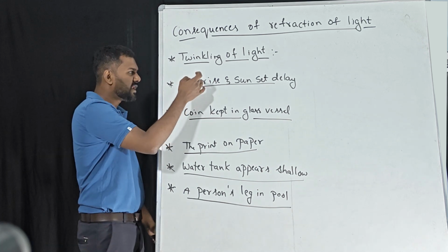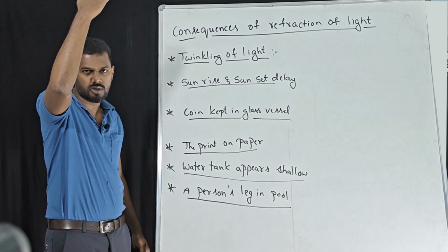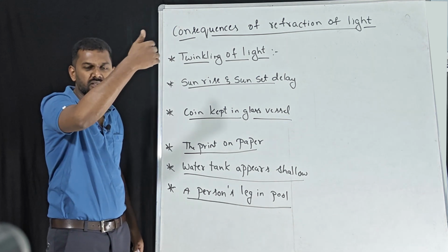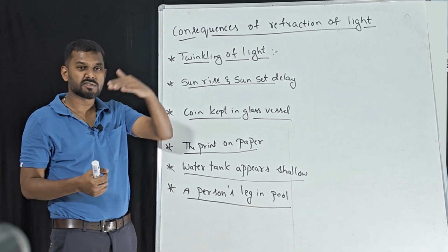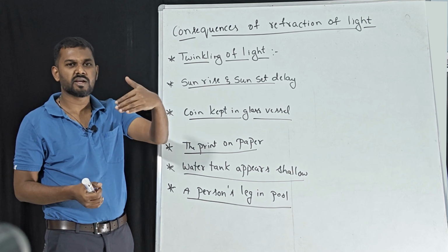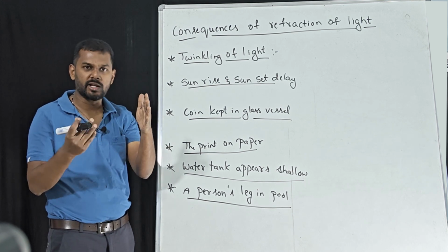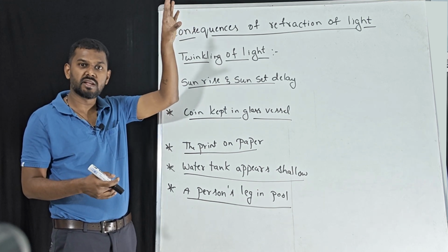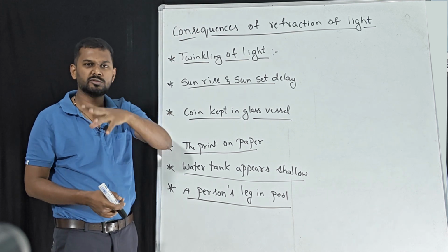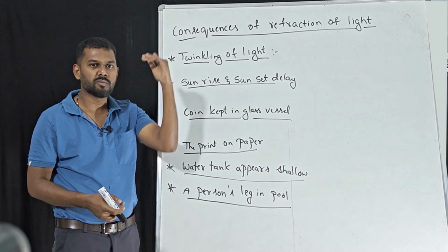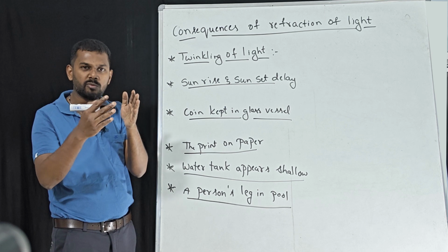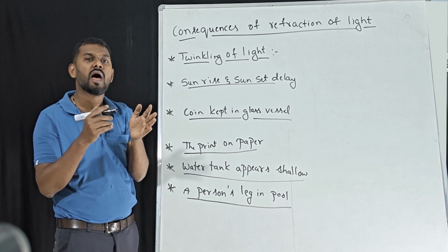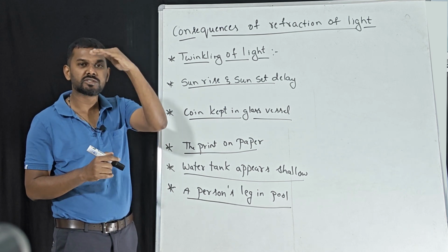Now why is it happening? Again the same thing. The sun is in vacuum, space. When the rays coming from the sun enter the earth's atmosphere, because of the refraction, it slows down, correct? Because vacuum is considered a rarer medium and the earth's atmosphere is considered a denser medium. Rarer to denser, the light moves towards the normal, and the speed of light slows down.